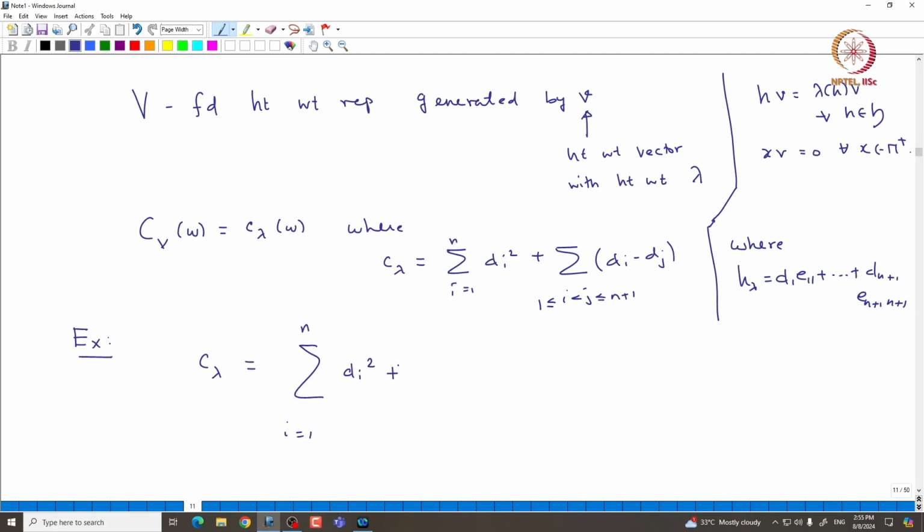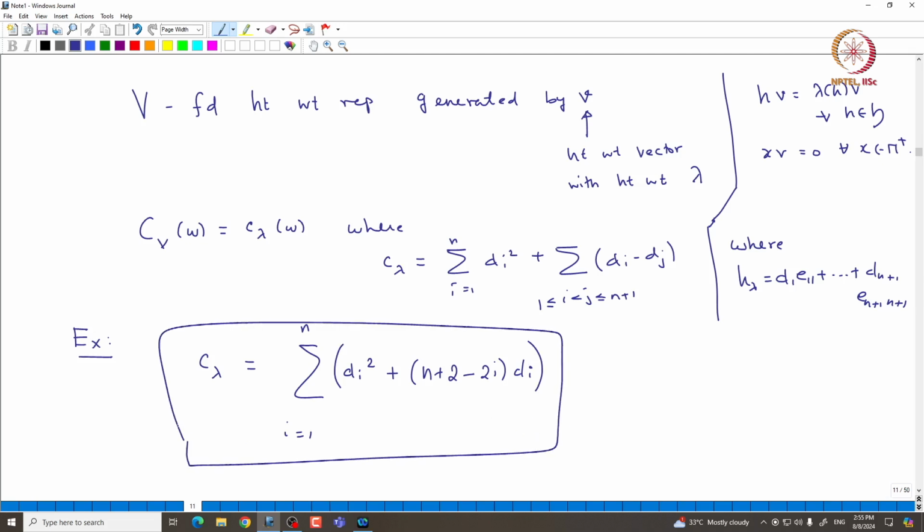You can just run it over i from 1 to n, because you can collect all the coefficients of di, and then you can easily see that this is n plus 2 minus 2i times di. So, this is the formula that you get for C lambda. This is very explicit in terms of lambda.